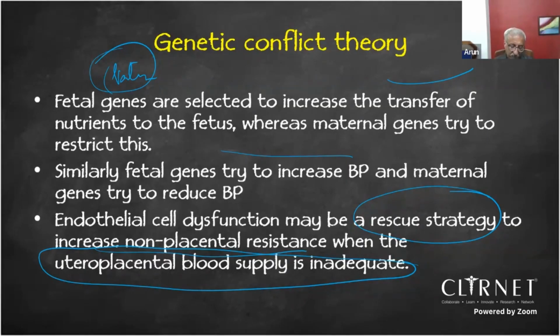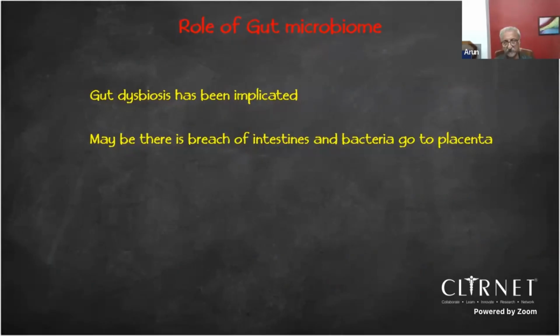Another thing which has come very lately is the role of gut microbiomes in the development of hypertensive disorders. It has been implicated that the bacteria in the gut, what we call gut dysbiosis, is probably a factor for the development of HDP. How does it happen?